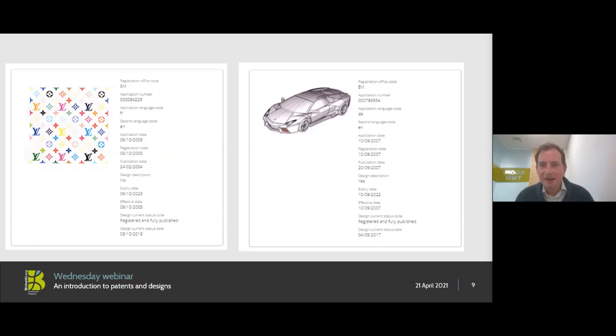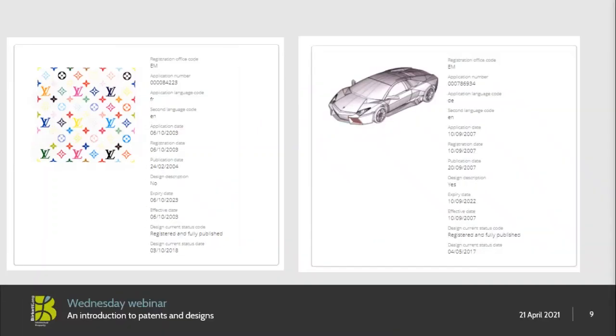So looking at this, we can see that it was originally filed in German with a second language of English. It's a European one again. It's going to expire in 2022. And actually, this is probably better for my purposes of showing how quickly you can get something through, because you need to publish something before the protection is ascribed to it.